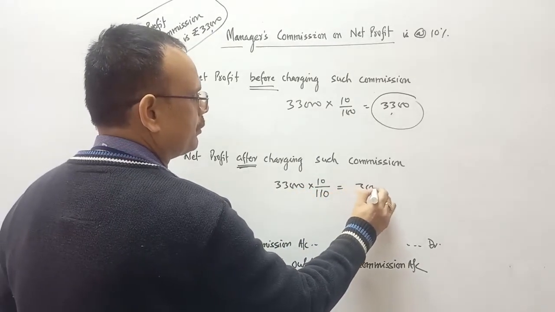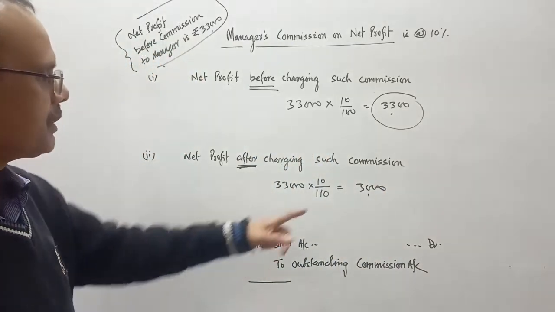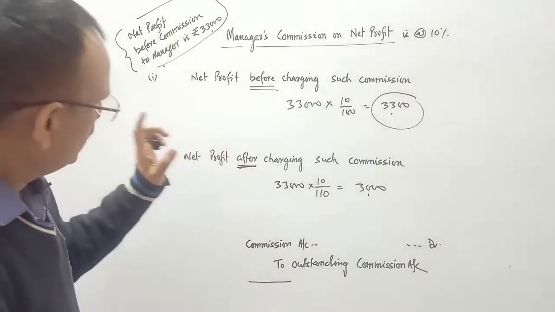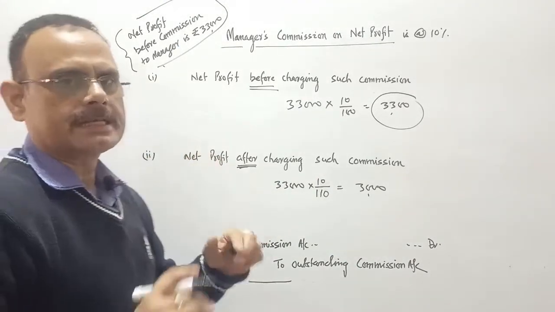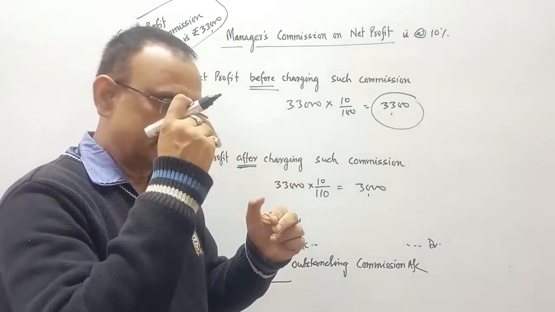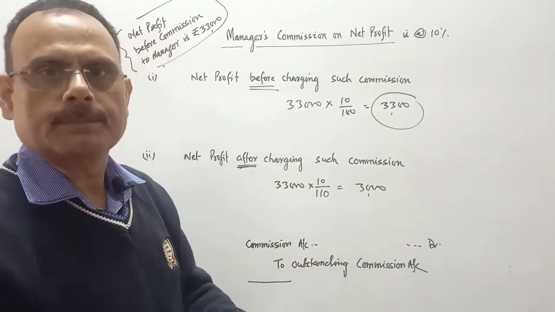So this will be 3,000 manager's commission. Outstanding manager's commission will be 3,000. If it is after giving commission to the manager, then you calculate the net profit, and on that net profit you calculate the commission.